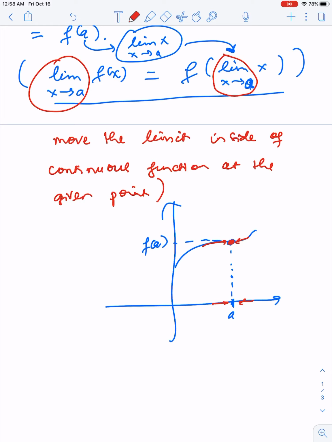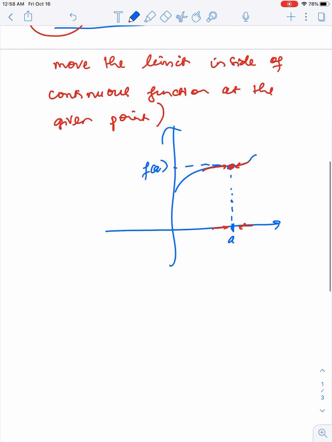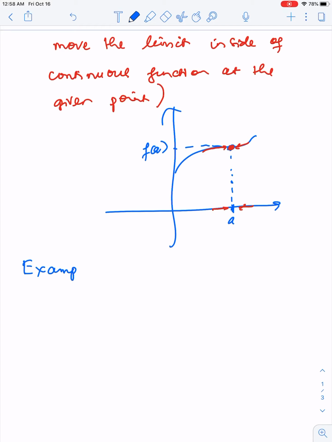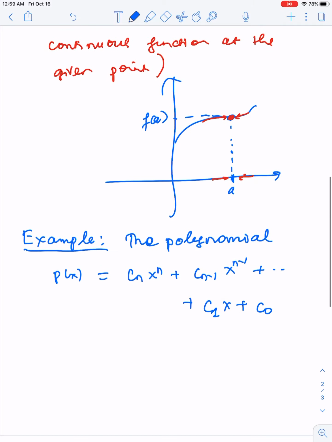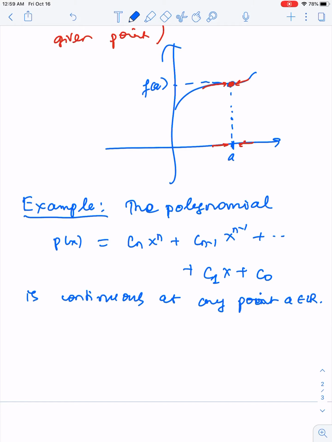Now, example. The polynomial p(x), which is c_n x^n + c_{n-1} x^{n-1} and so on, plus c_1 x plus c_0, is continuous at any point A belonging to the set of real numbers R. Proof.